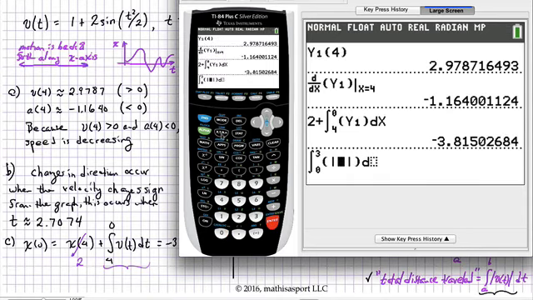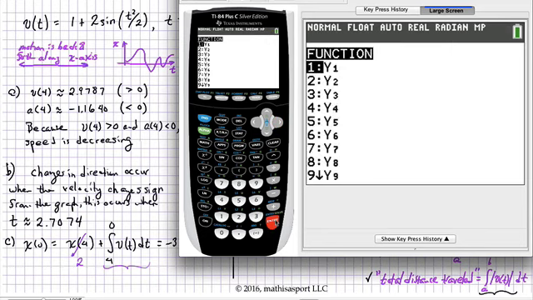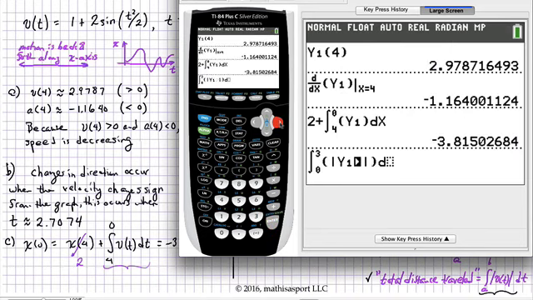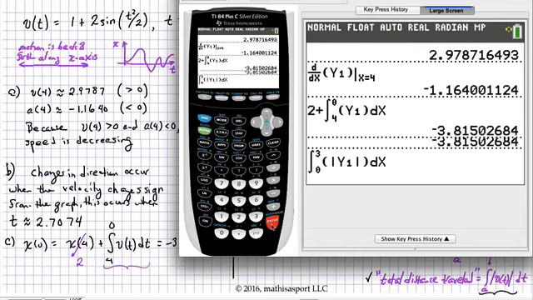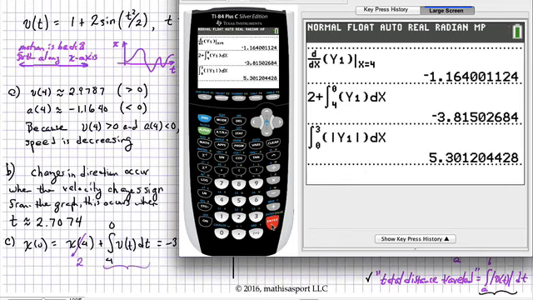So I just go down to the catalog and choose the first entry, and now I put in the y1. And there's our answer, 5.3012.